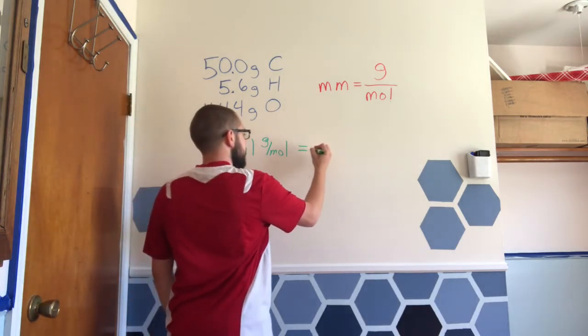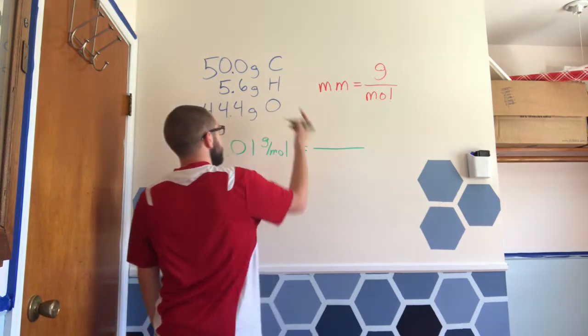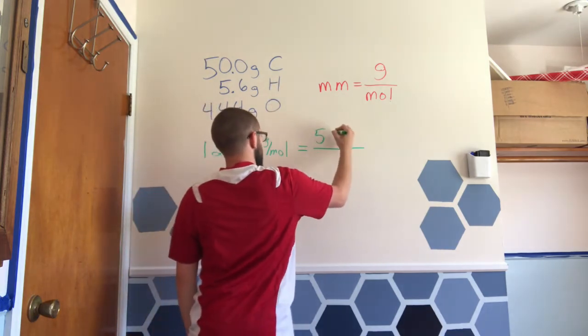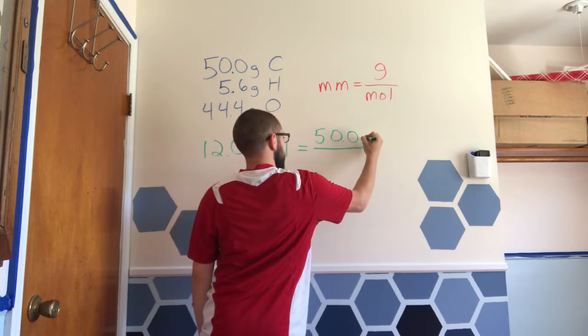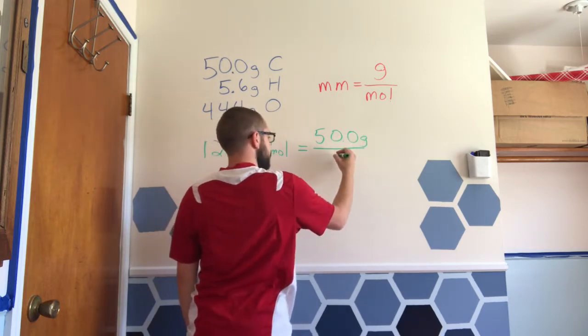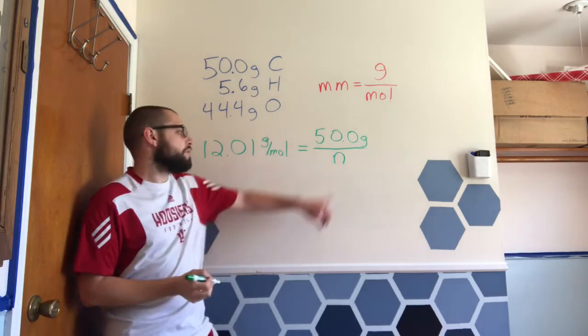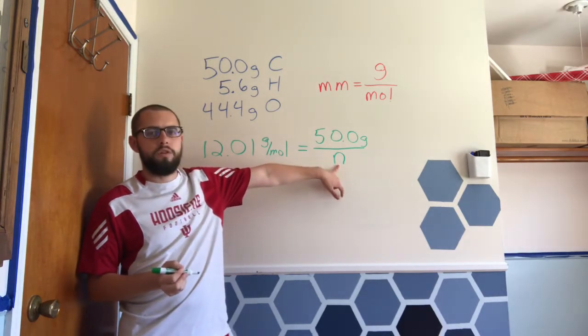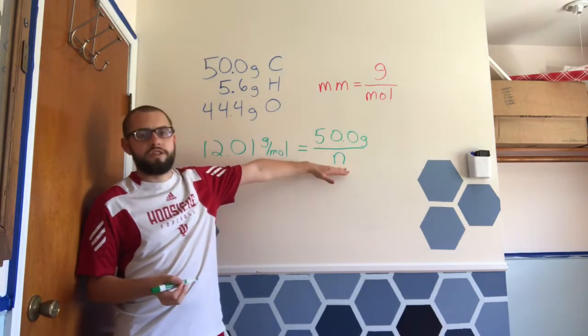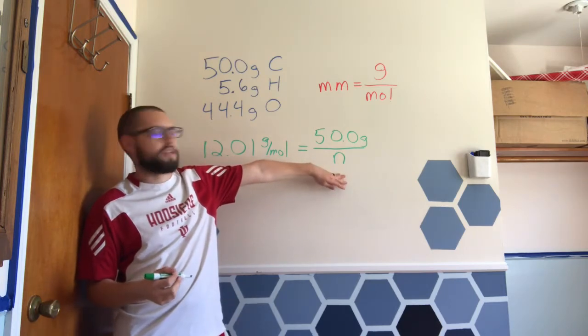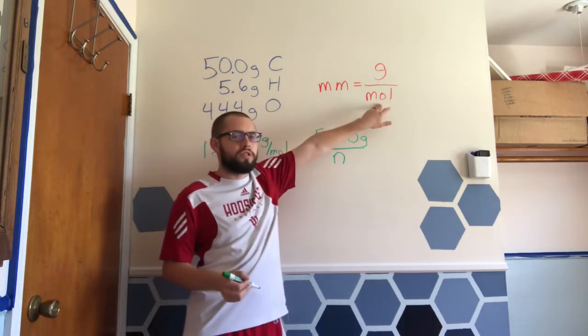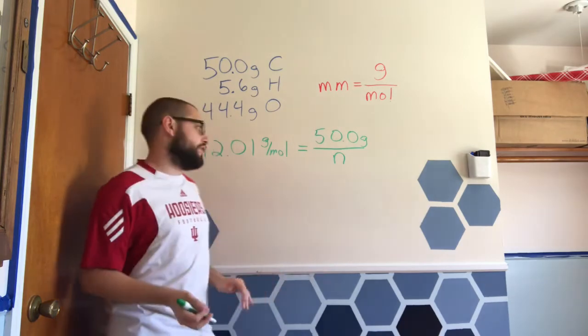I'll set up my algebra equation here. I know that I have 50 grams of carbon, so I want to know how many moles that is. Remember, we use N for moles. That's just the convention though. You can use an X if that's what's comfortable for you. You can use the word mole however you want to do it. It's just algebra here.